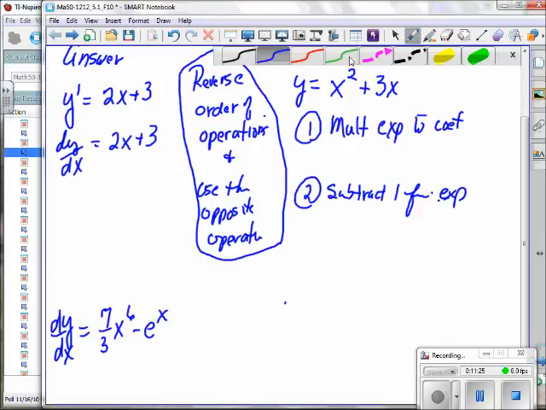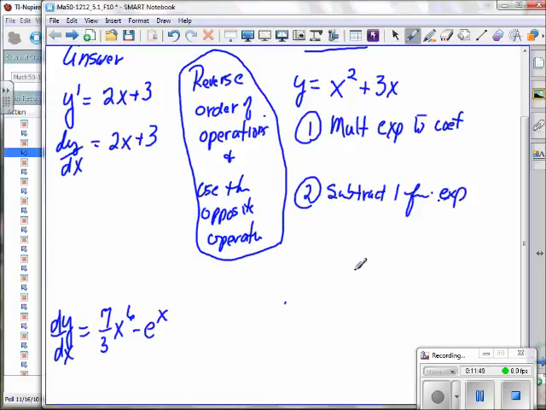So if we're going to reverse everything, if this is number 1 over here, and this is number 2 to find the derivative, which one am I going to start with? Reverse the order of operations. My order is important here, right?